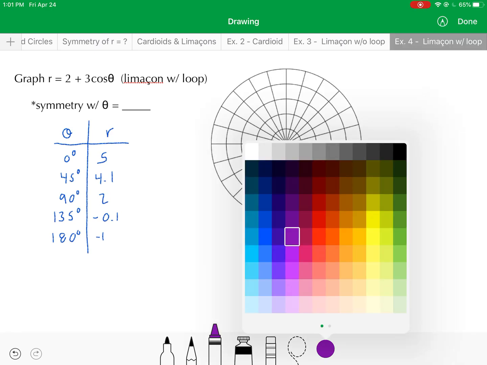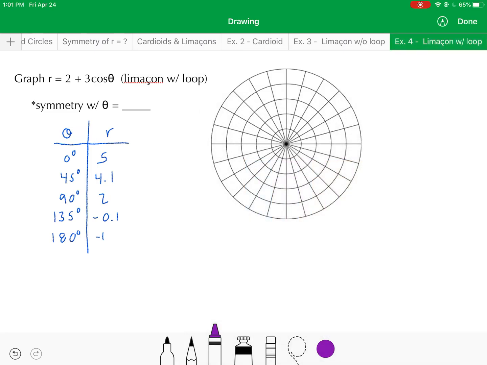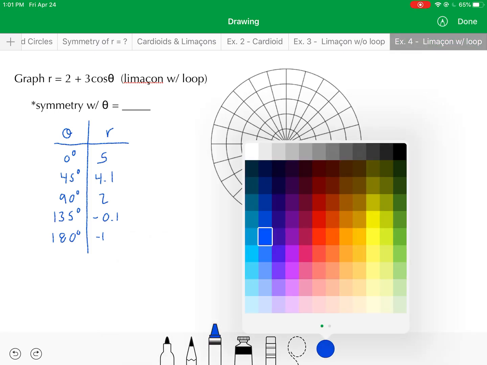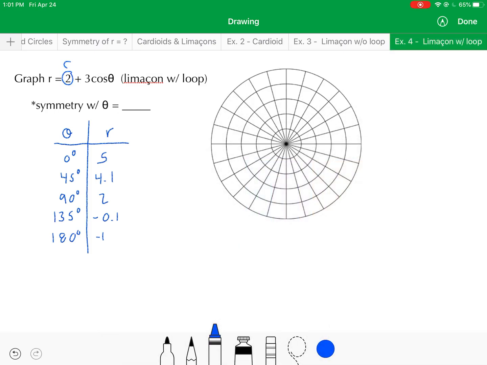Here my A value is 2. Choose a different color. So A is 2, B is 3. Notice that A is less than B here, so in this situation we'll end up with a limacon with a loop. All right.